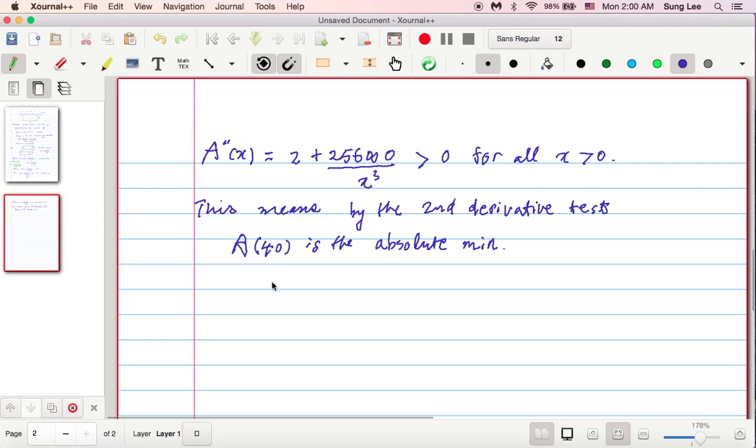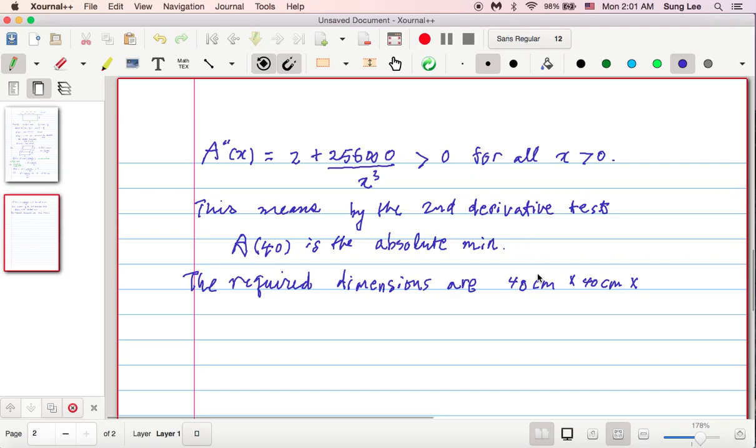Okay, that's going to be the absolute minimum. So the required dimensions are 40 centimeters times 40 centimeters, and the height h is what? h is 32,000 divided by x squared, right?